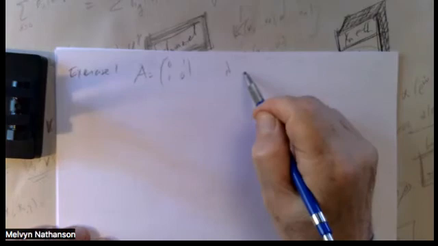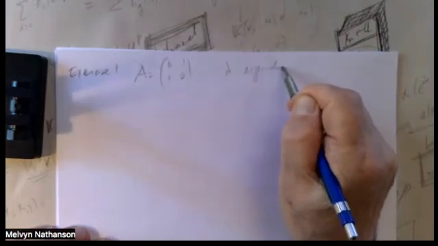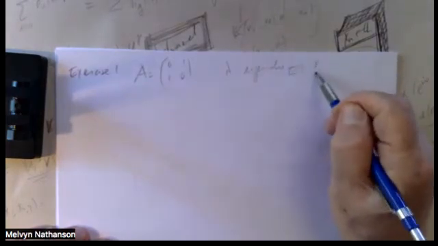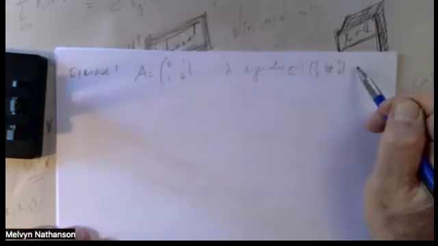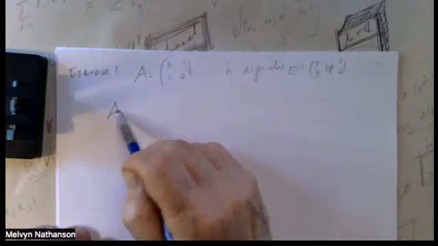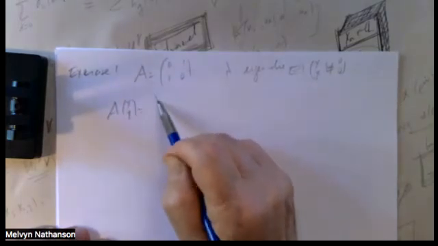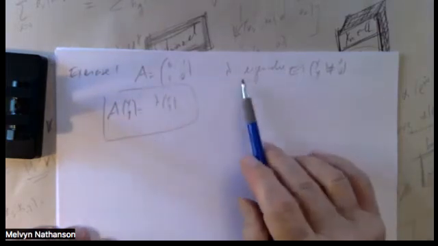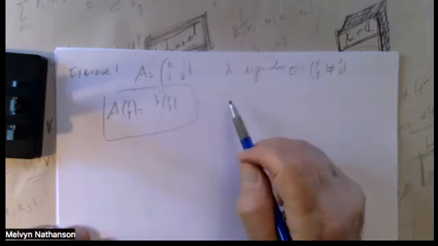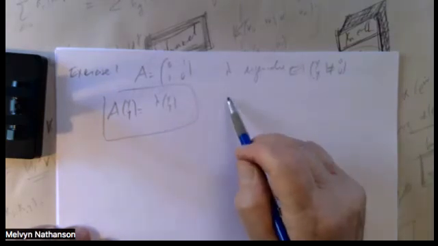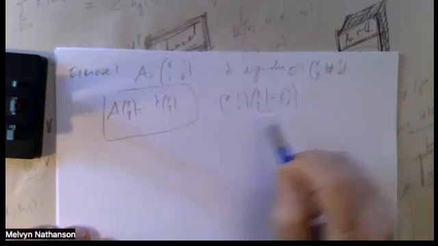So lambda is an eigenvalue if and only if there's a vector (x, y) different from (0, 0) where A(x, y) is lambda times (x, y). So if there's a non-zero vector (x, y) that satisfies this equation. What is on the left-hand side? 0, 1, 1, 0 times (x, y), that's (y, x).